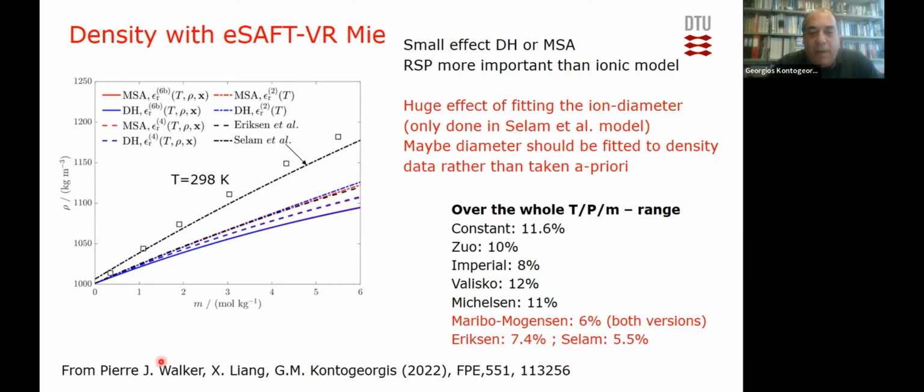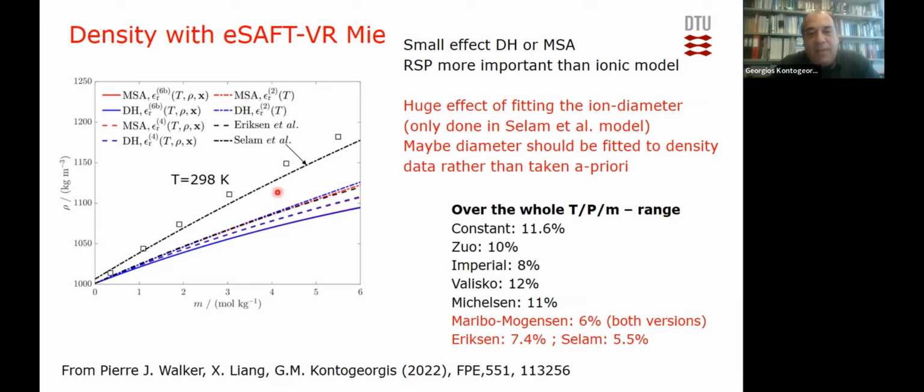Now, in this work by Pierre Walker, we have compared the model in a predictive form as well, taking the diameter from different sources, but not from experimental data, and also using either mean spherical approximation or the Debye-Hückel theory.